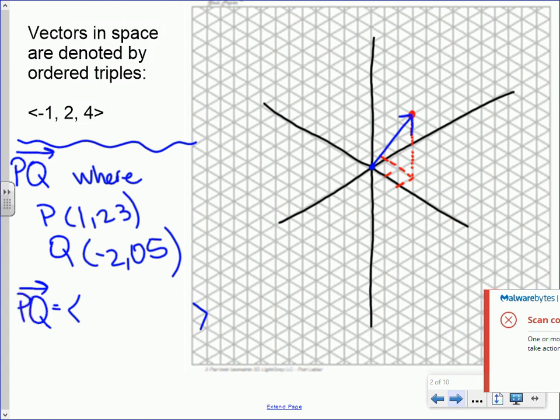If I know where the vector starts and ends, that would be the length of the vector, because you're talking about distance. Well, I'm trying to find components.